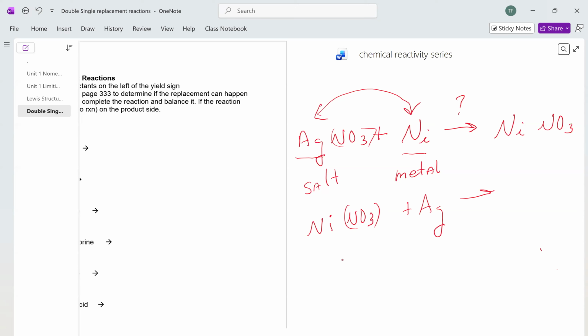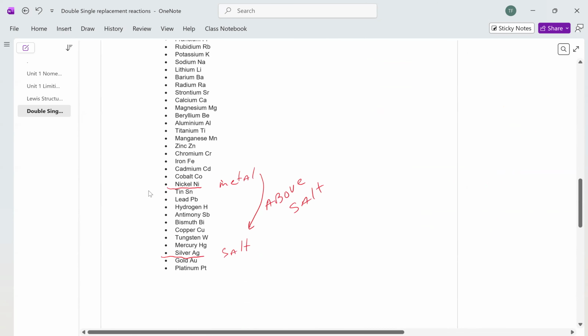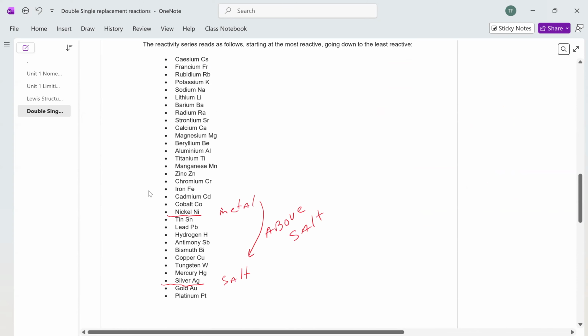What would happen here? So we're looking at nickel versus silver. Okay, nickel and silver.